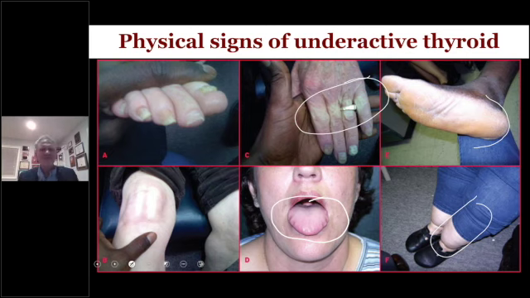If it's 4 or 5 seconds before that white turns back to the pink color, then that's a slow capillary refill time. That's a sign of low circulation. If it's in the hands and you have low circulation, it's almost never from cardiovascular blockage of the arteries. You could have Buerger's disease, but other than that, you're not going to really have that. The traditional Buerger's disease happens in men that smoke, under 40 years old.